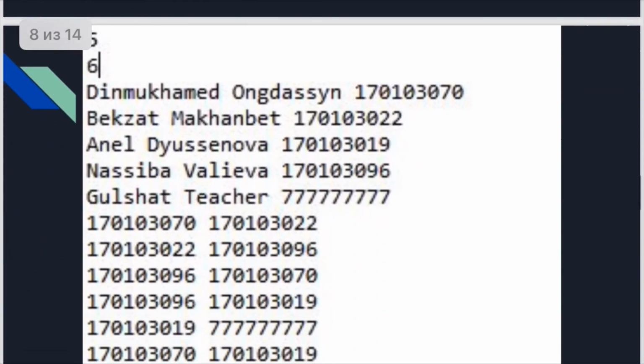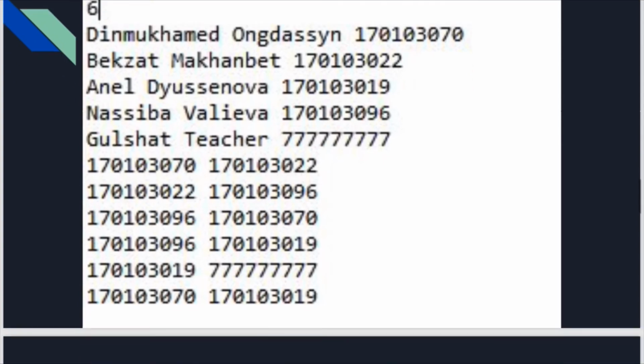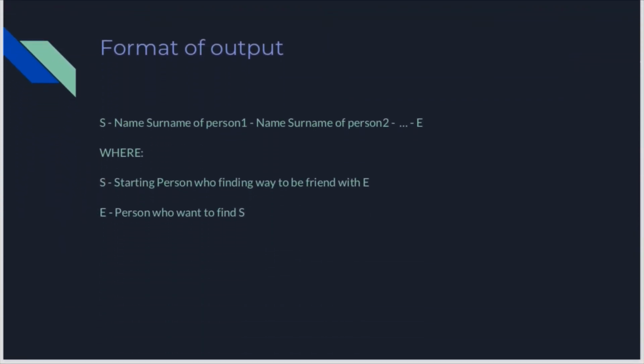So here is an example. You can see 5 is the count of all people in the network, and 6 is the number of connected persons. The format of the output should be the name and surname of person 1, the name and surname of person 2, and etc. till the end.